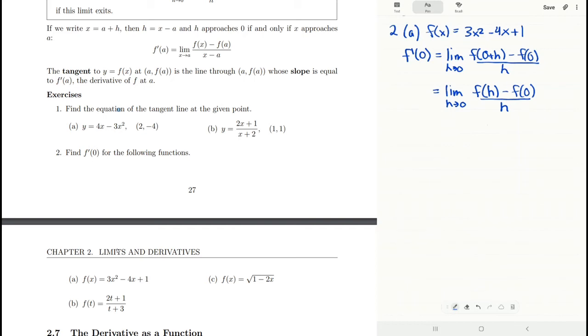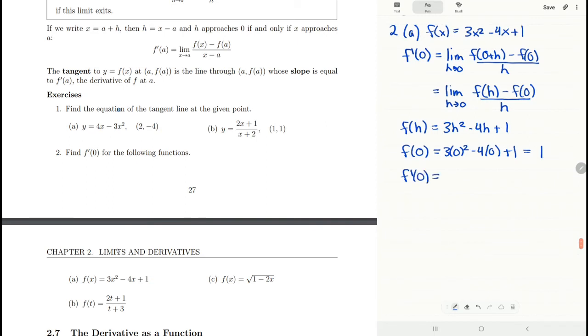So what we need is f(h) and f(0). So f(h) is given as 3h squared minus 4h plus 1, and f(0) is 3 times 0 squared minus 4 times 0 plus 1, which is equal to 1.